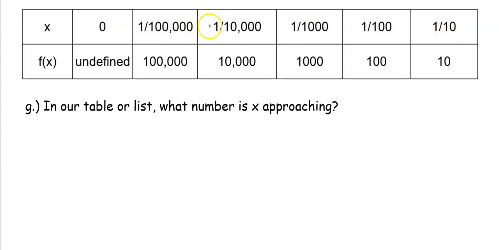When we're graphing this, it looks like x is going larger. But actually, if you look at it the way I did, I started at the larger values and worked my way down. What we are going to say is x is approaching 0 from the positive side.